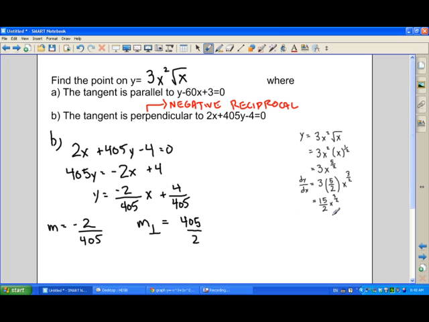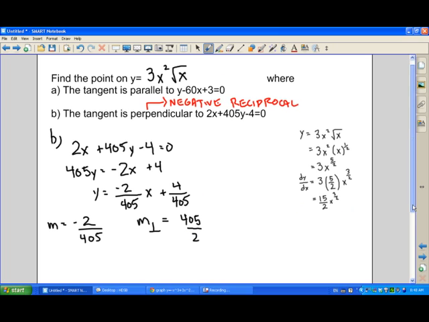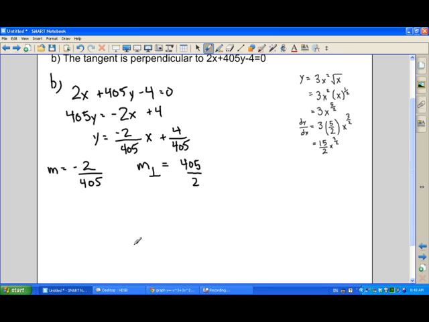Going back to my derivative equation, I need to solve for x when the derivative is equal to 405 over 2. So 405 over 2 equals 15 over 2 times x to the power of 3 halves.